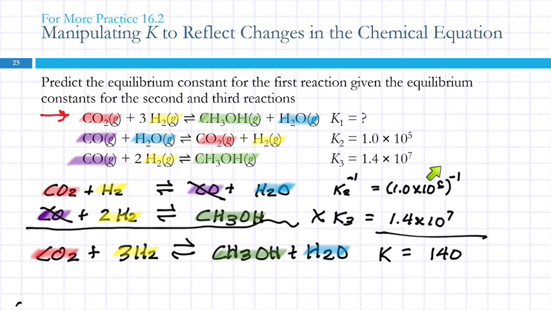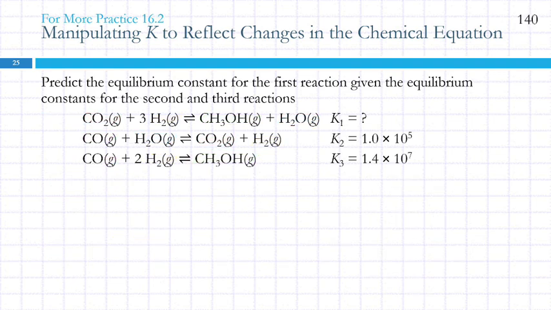Yeah. That's a good idea, though. So 140. Yeah. I mean, you could say, well, this is what I was doing to these guys. So then K1 is going to equal K2 to the negative 1 times K3. You can do that. Yeah. Any other questions? Right answer.